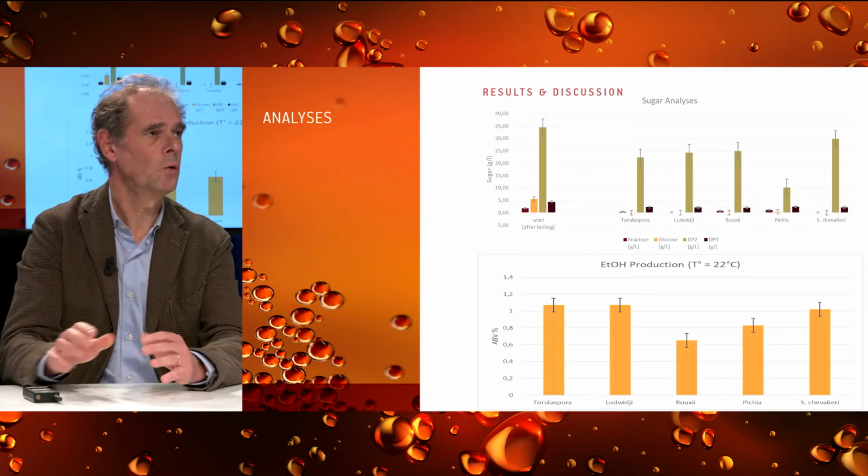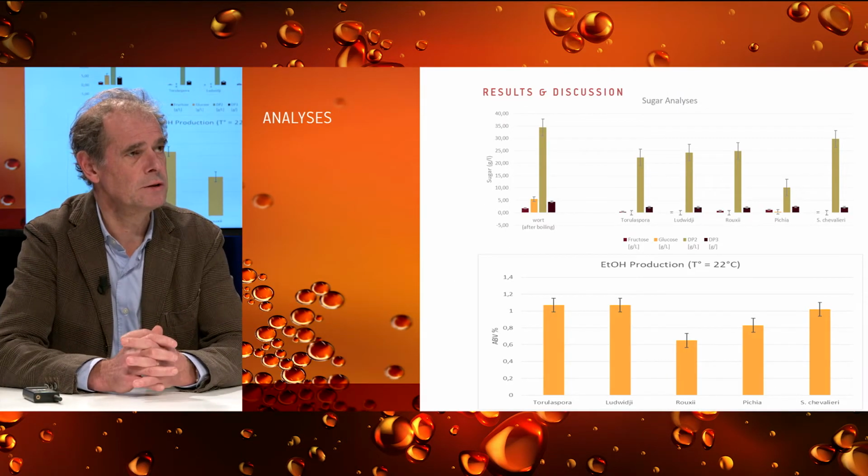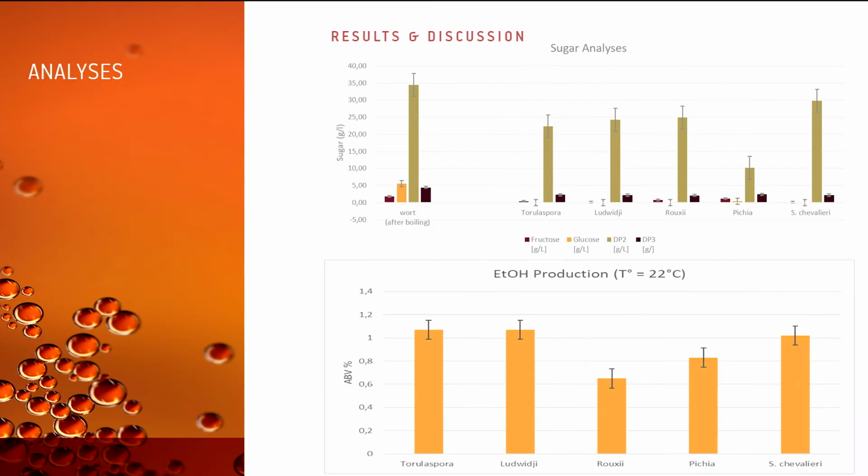Looking at the assimilation of the sugar, on the left side you have the wort, which is the standard. On the right side we have the chevalieri, and we see that the chevalieri does not consume the maltose, because the level is the same as the wort. And we see that the other microorganisms identified as maltose negative probably assimilate the maltotriose very slowly.